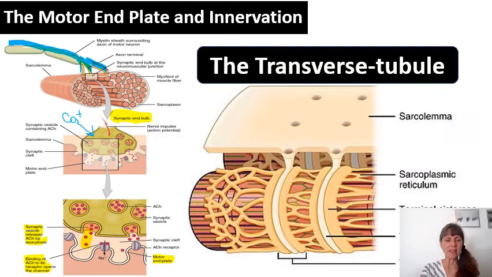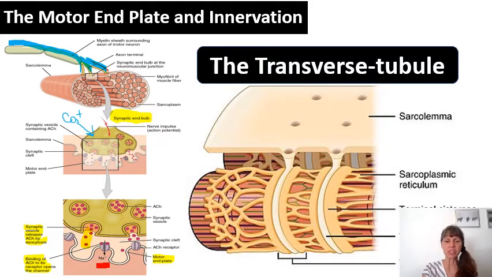When acetylcholine binds to the acetylcholine receptors, that opens up those receptors to act as channels that allow sodium to come in. When sodium enters into the skeletal muscle fiber, that causes a change on the voltage of the membrane of the sarcolemma.